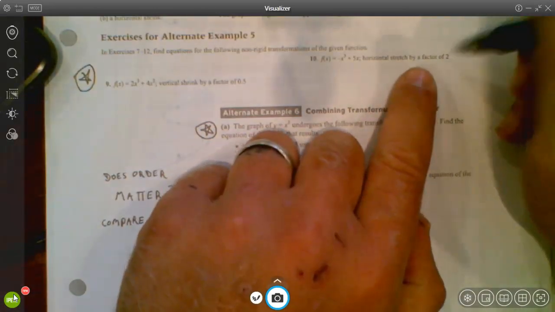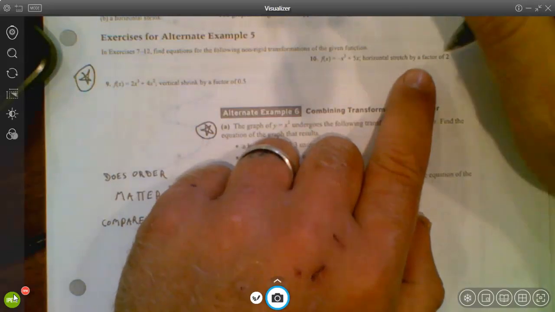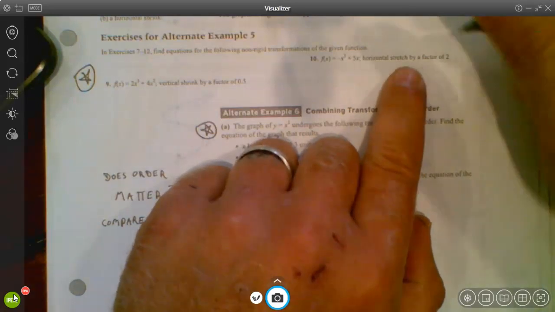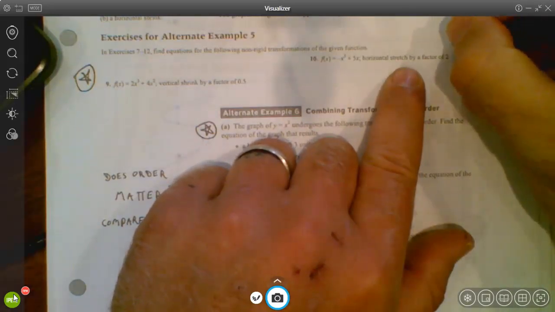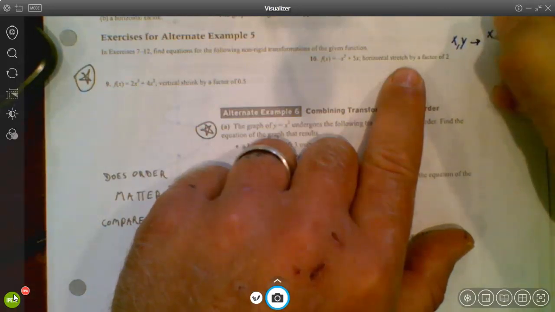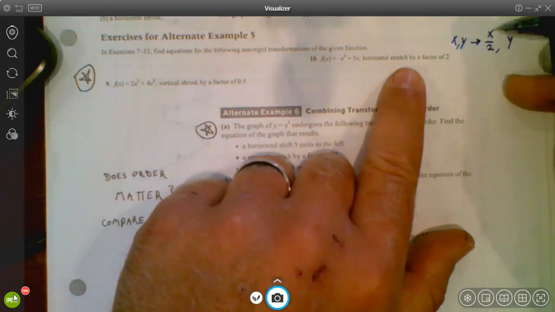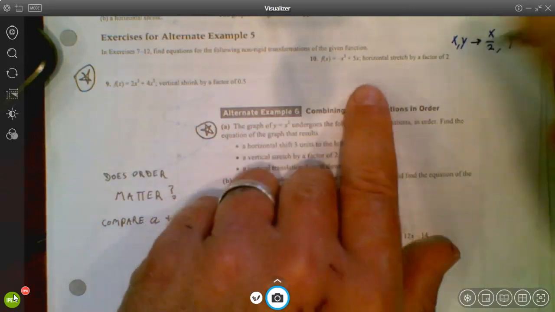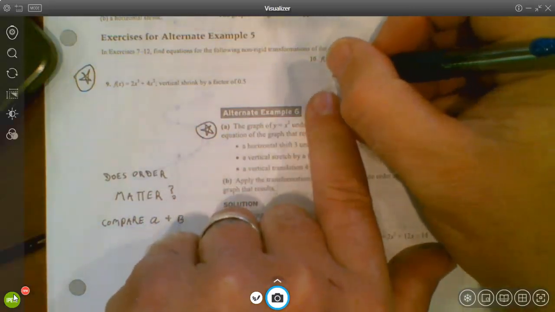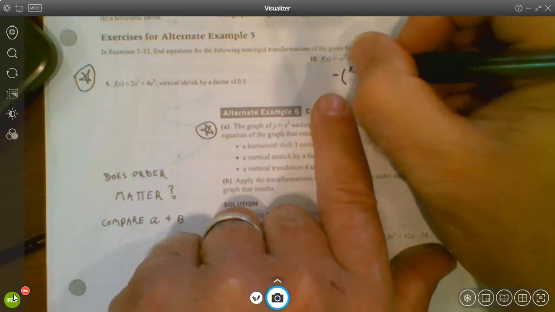If I have a factor of 2, remember what we saw at the very start of this video: if my horizontal stretch is a factor of 2, that means (x, y) becomes (x over 2, y). In other words, my x is being replaced by x over 2. So I'm going to replace my x with x over 2.